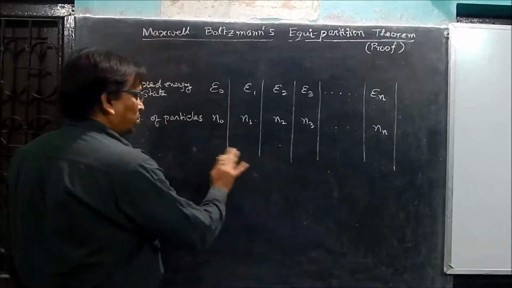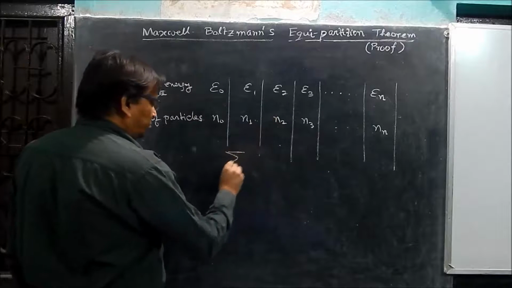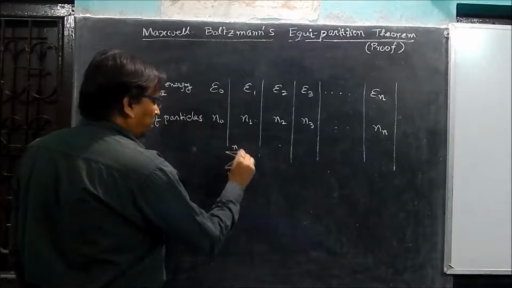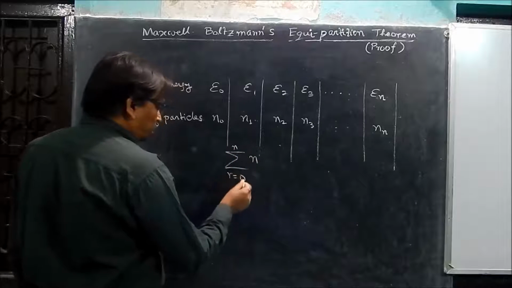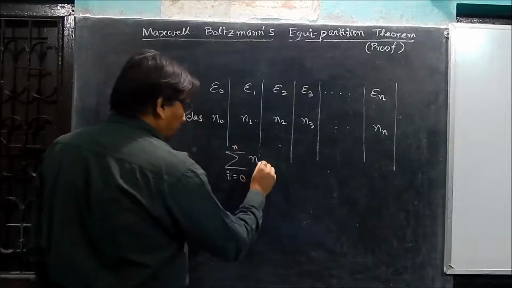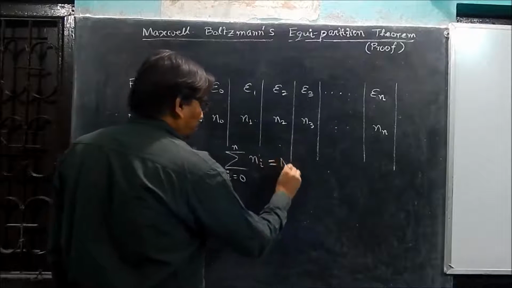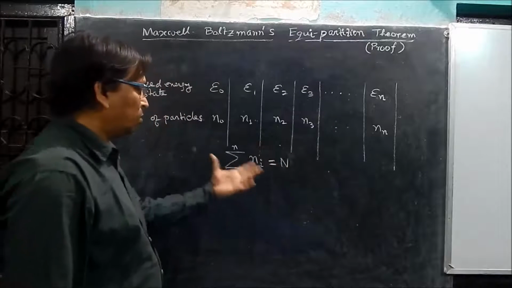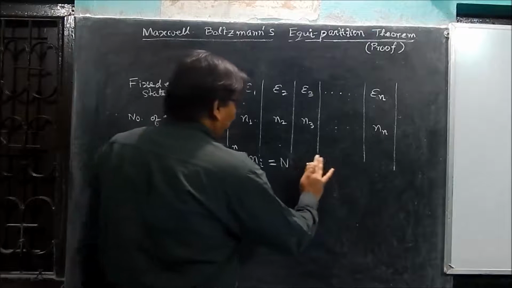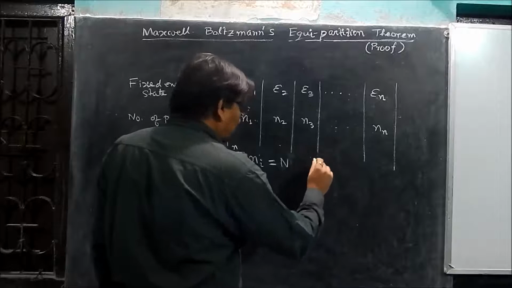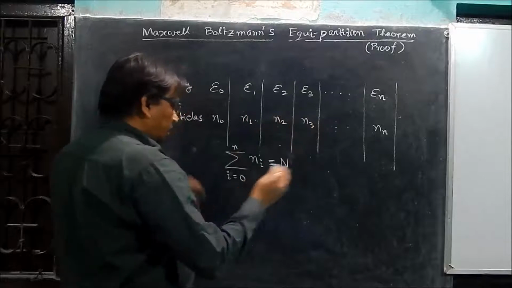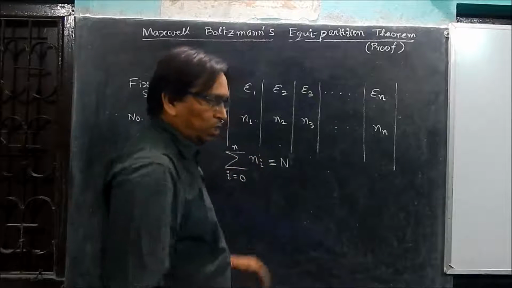One is the summation of all these n's, that is, i equal to 0 to n, ni, which is equal to the total number of particles. That is the total number of particles, and you cannot change it, so it will remain constant. You can move particles from one box to another, but the summation of all the particles is always the total number of particles.